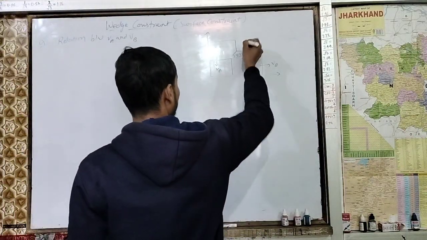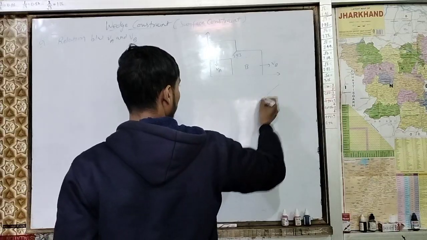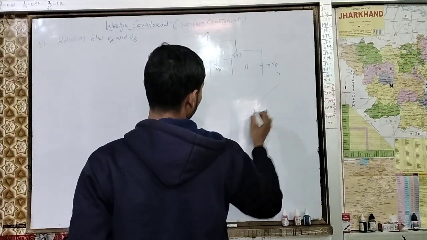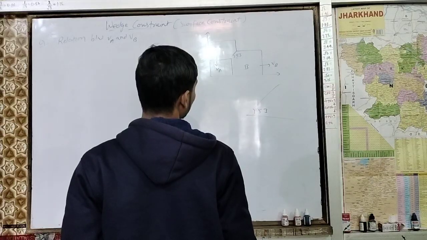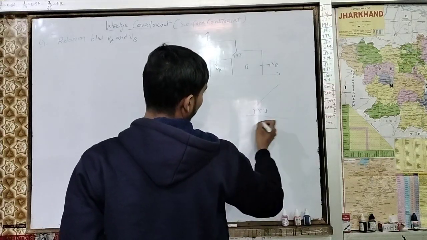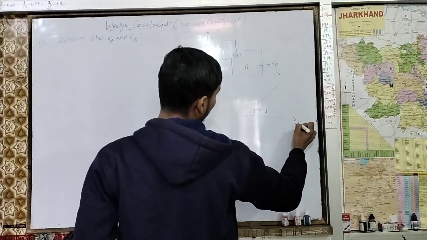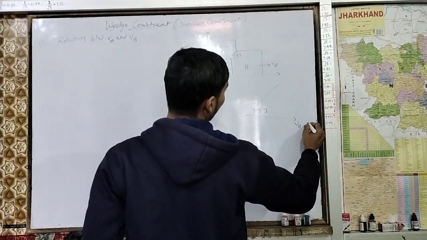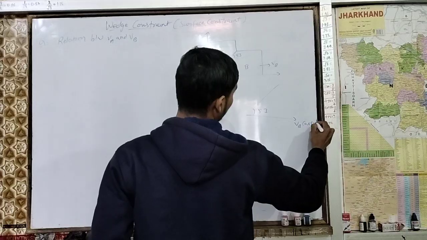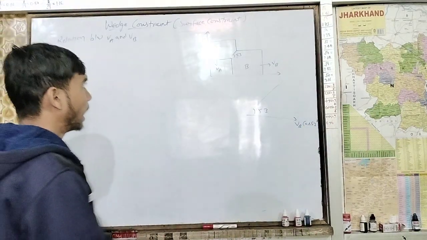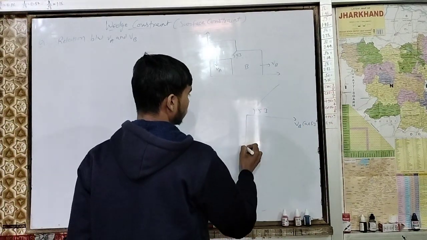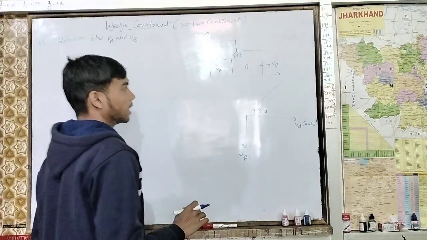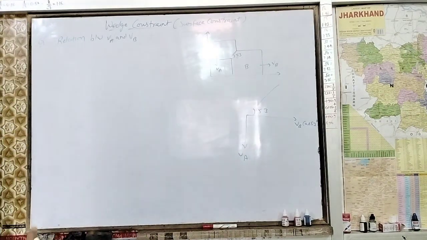First of all, this is our angle. This line, the angle is 53. Can you say that this is our VB component? So this will be your VB cos 53. Am I correct? And the other component is the reverse.